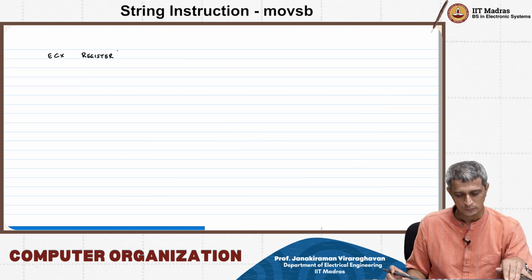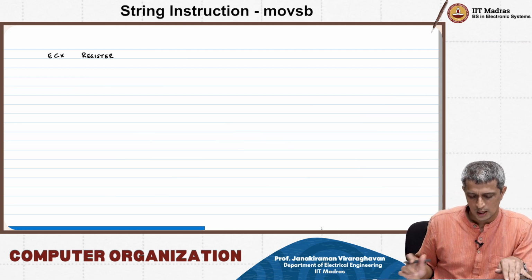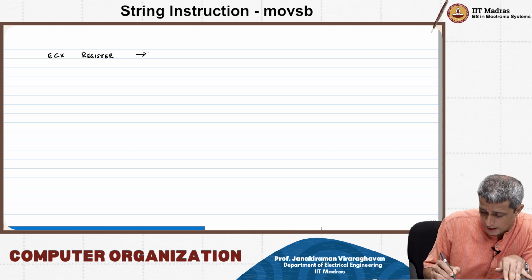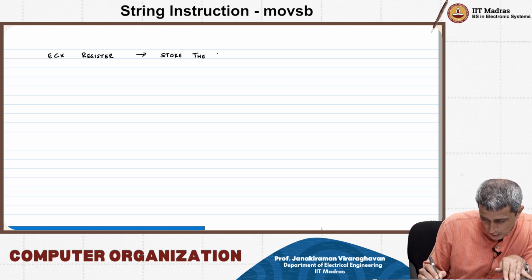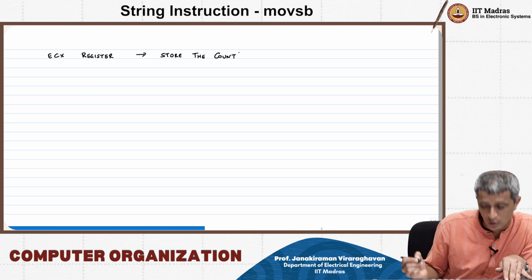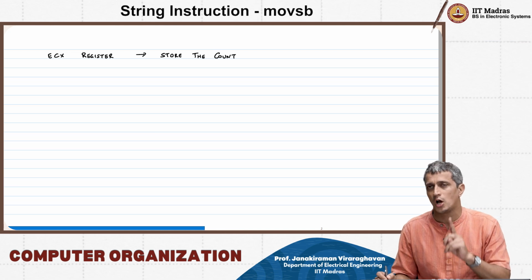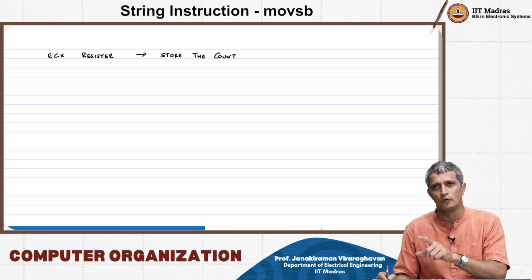This is going to implicitly store the count of how many bytes of information you want to move.